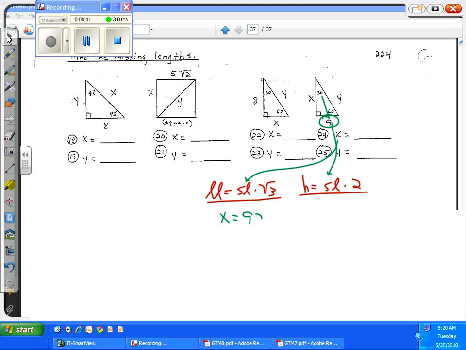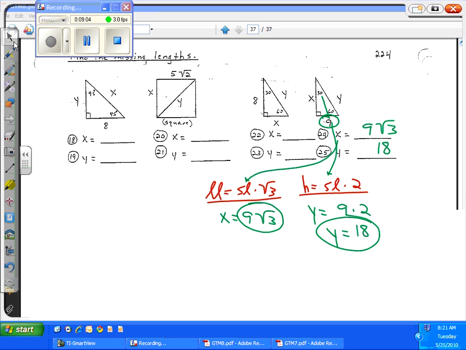So long leg x equals short leg 9 times the square root of 3. So x is 9 square root 3. Hypotenuse y equals short leg 9 times 2. So y equals 18. Let's say we got that, number 24 and 25. Okay?